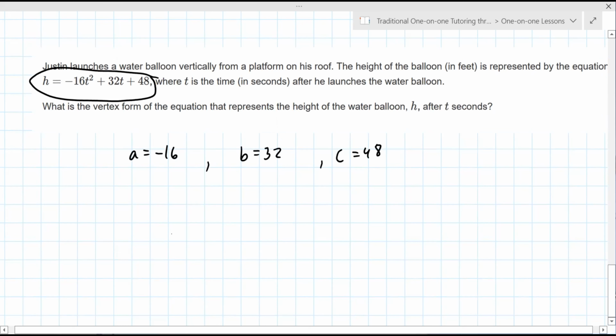I want you to find x equals minus b over 2a. Can you do that for me? -32 over 2 times -16. Okay, can you reduce that?